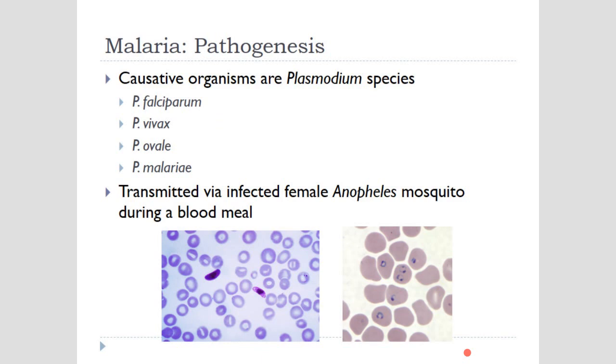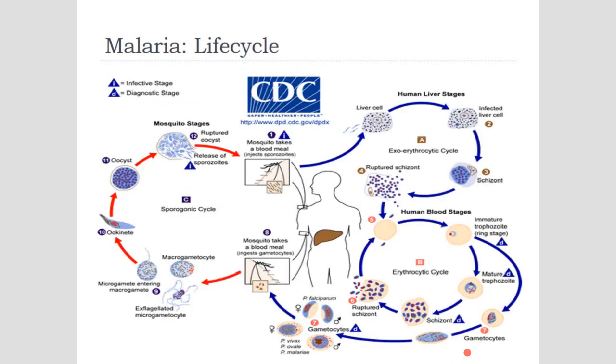So you see our problems in terms of prevention. But we know for sure that this is transmitted by an infected female Anopheles mosquito. That again is a common question, and you need to know that.